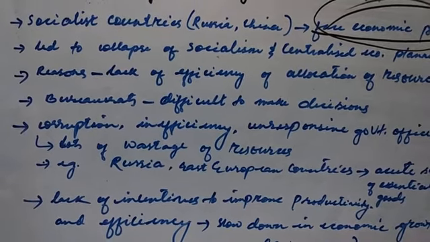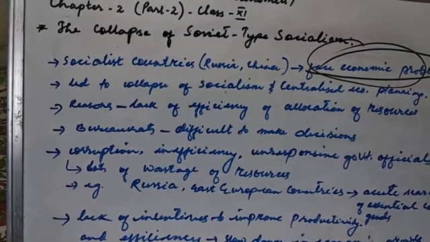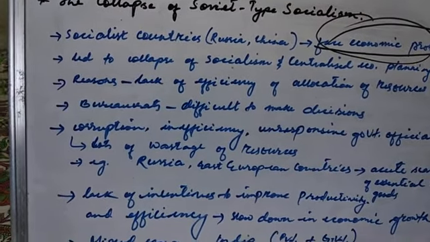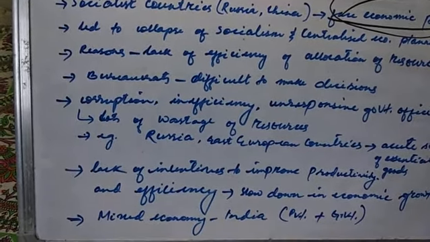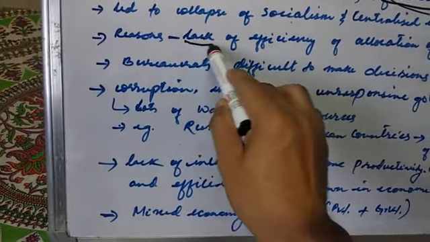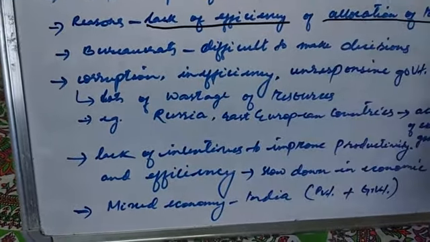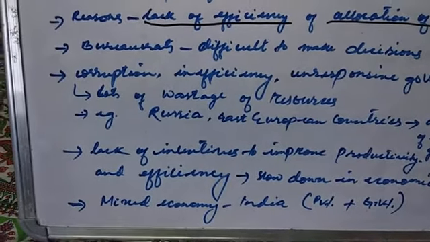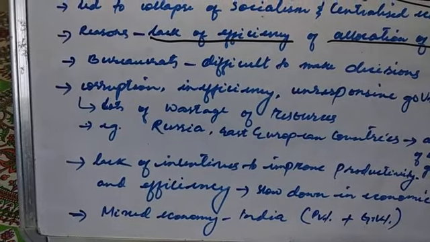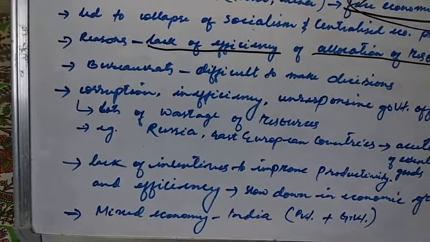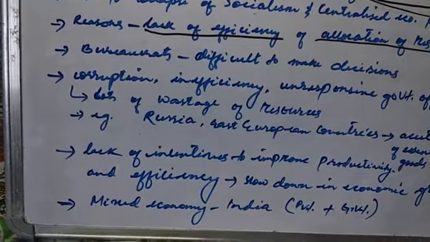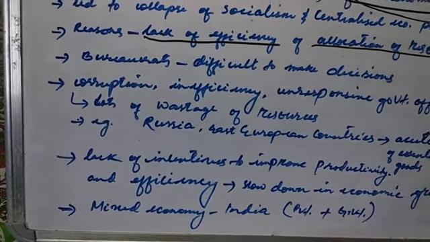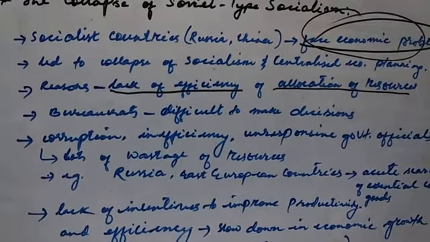So, what are the important reasons? What are the factors that led to the collapse of this Soviet type socialism? One important thing is lack of efficiency in allocation of resources. This is the main reason. It was very difficult for a central planning authority consisting of bureaucrats to make the right decisions for the allocation of resources according to the wants or preferences of the people.